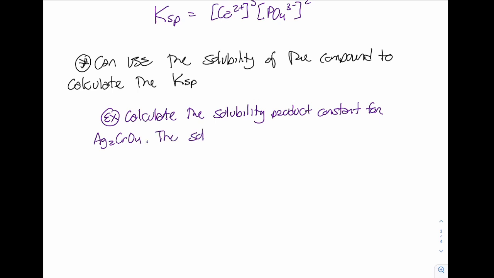The solubility of silver chromate, remember, silver is one of our fixed charge metals, is 6.50 times 10 to the -5th molar, right? So if I had 1 liter of solution, 6.50 times 10 to the -5th moles of it would be silver chromate.